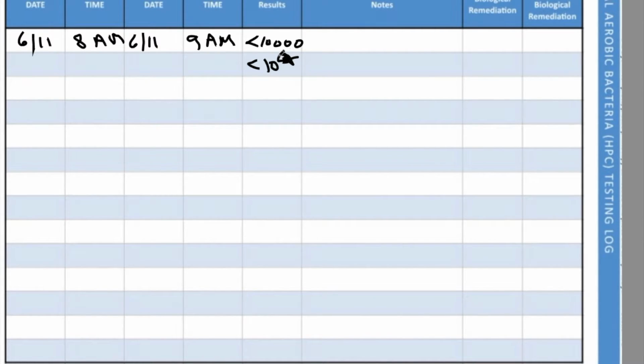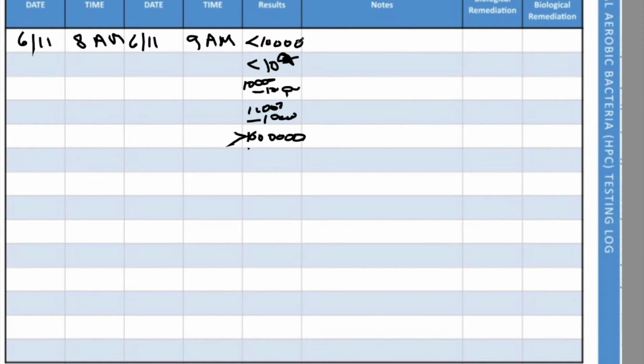Okay? And if there's other readings that you get, for instance, if it looks like it's between 10,000 and 100,000, you could write in 10,000 to 100,000. If it's over 100,000, you could write in 100,000 to 1 million. And if it's over a million, you can say it's greater than 1 million. 6 zeros after that. 1, 2, 3, 4, 5, 6 zeros after that.